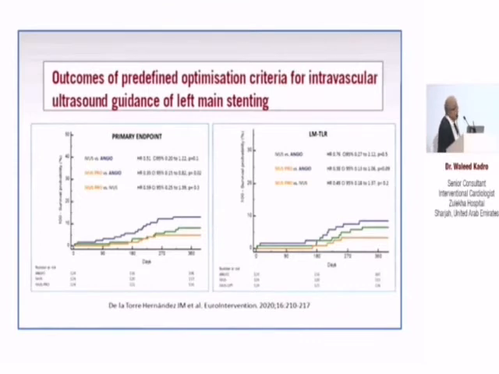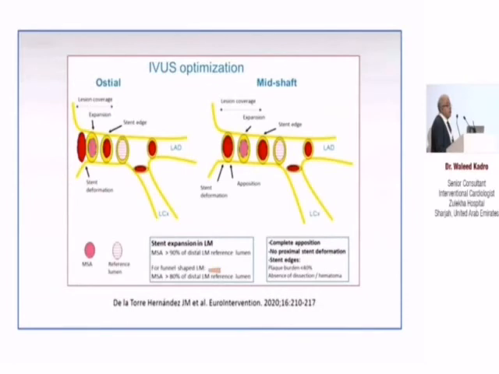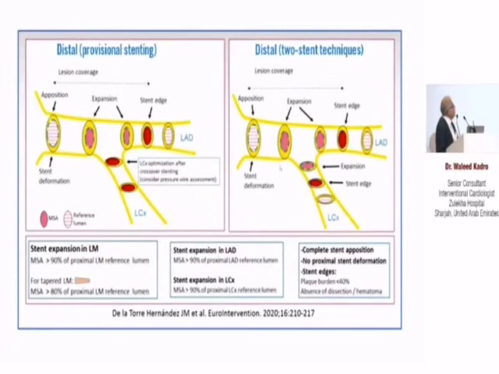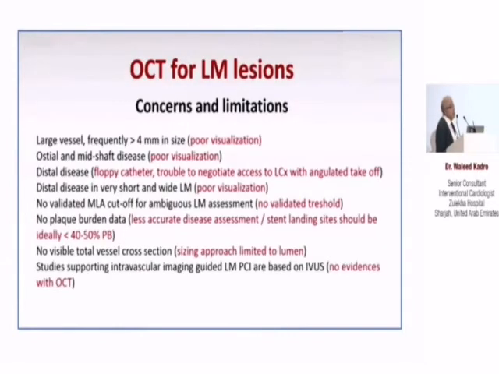This is a small study from Spain, but we are waiting for the larger study from the OPTIMAL. And with that, they are looking for stent expansion. That means the minimum stent area is more than 90% of the main vessel area. So that means good expansion. It's beyond the topic of this lecture to explain all those things.